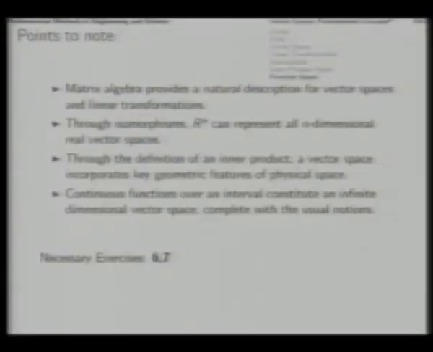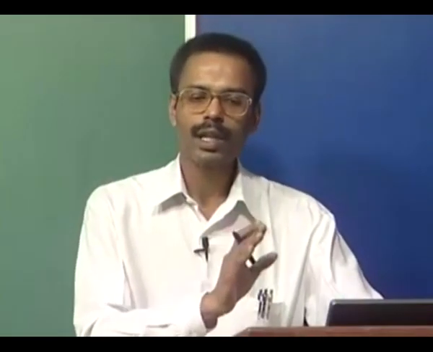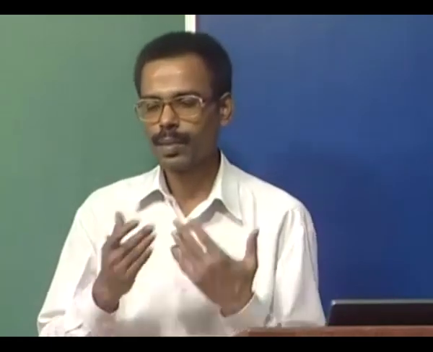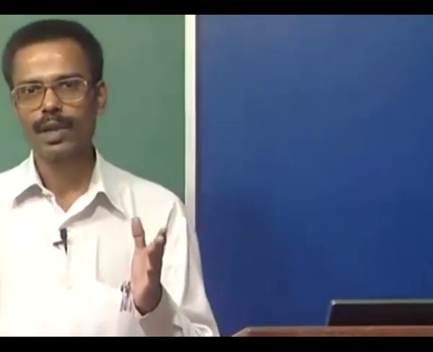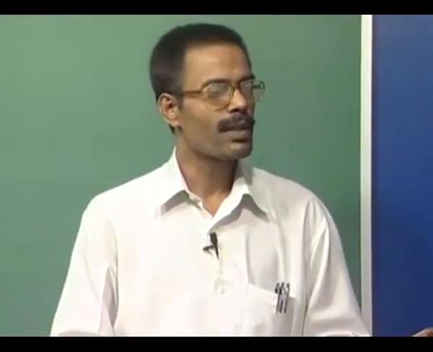Now, from this discussion we have these important points to note. First is that matrix algebra provides a natural description for vector spaces and linear transformations, and whatever R^n we have studied till now is actually the complete representation, or enough representation, for all n-dimensional vector spaces over the field of real numbers.